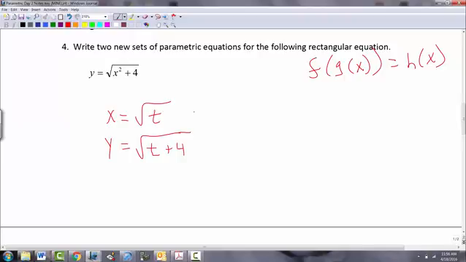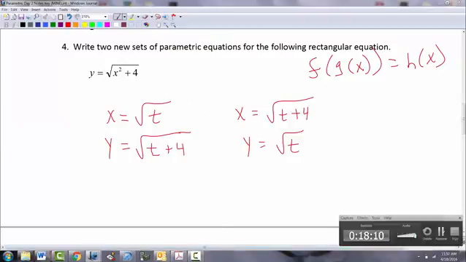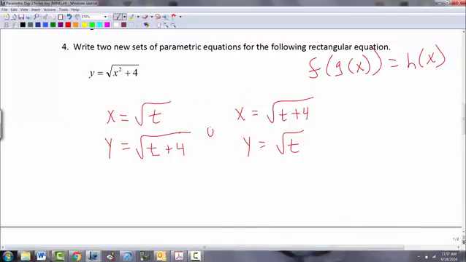T equals x squared, by squaring both sides, and then wherever there's a t, I'd plug that in. So good. Does anyone have another one? Or does this work?